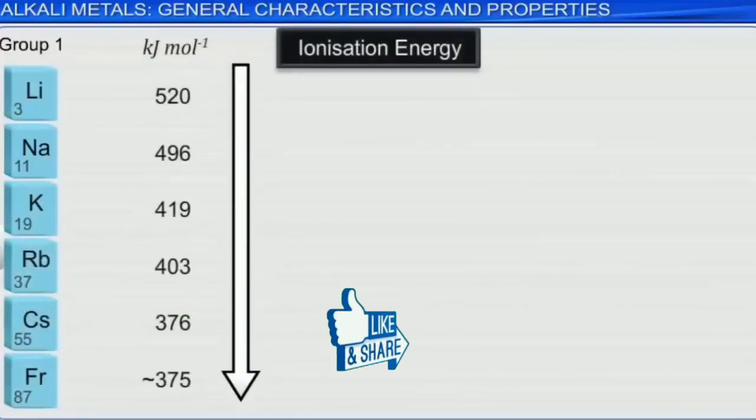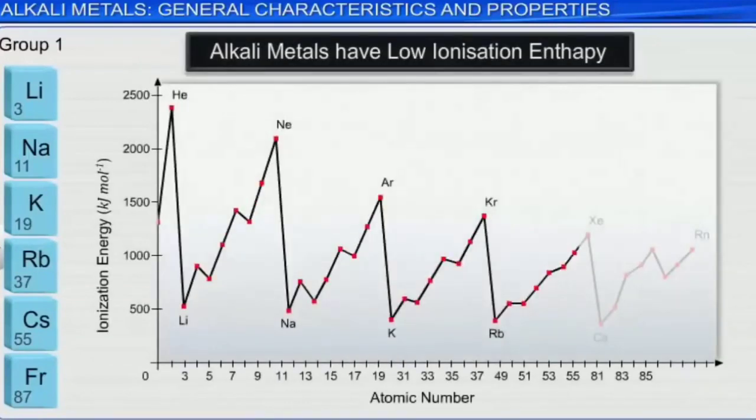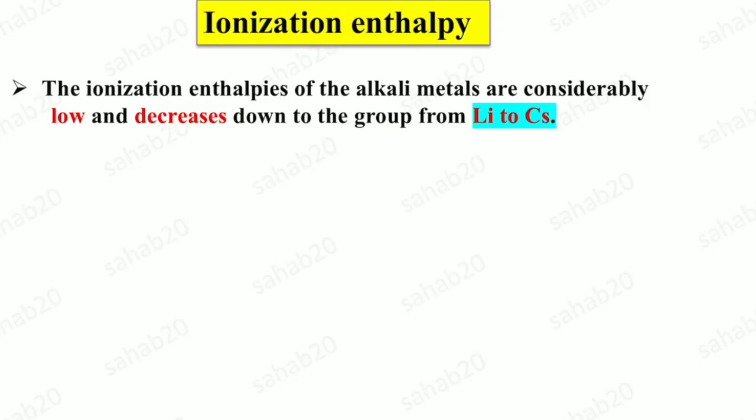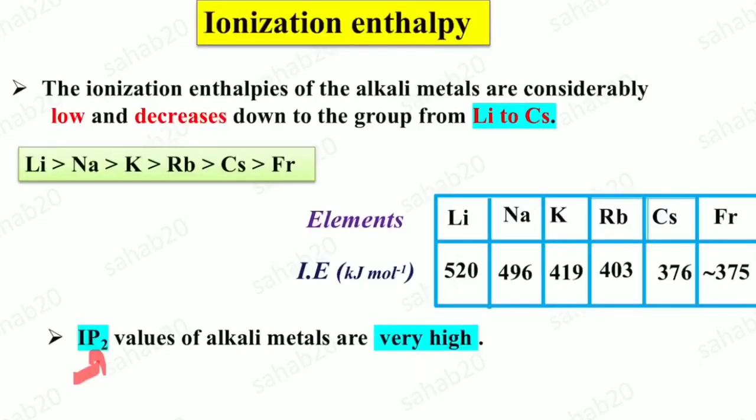The ionization enthalpy value decreases on moving down the group. Losing one electron, alkali metals attain noble gas configuration. Therefore, the second ionization enthalpy values of alkali metals are very high.